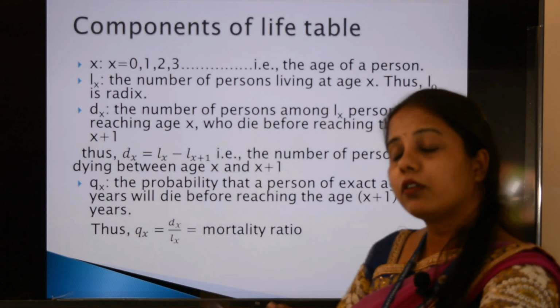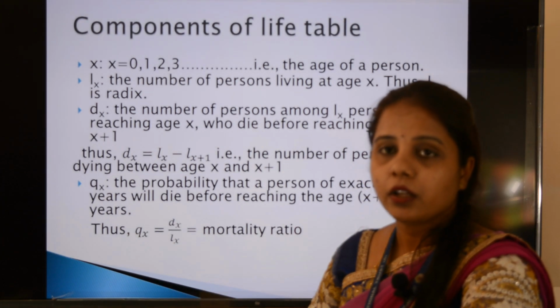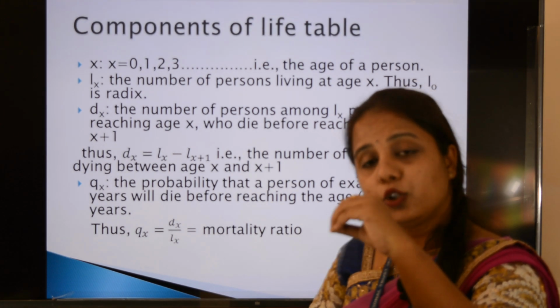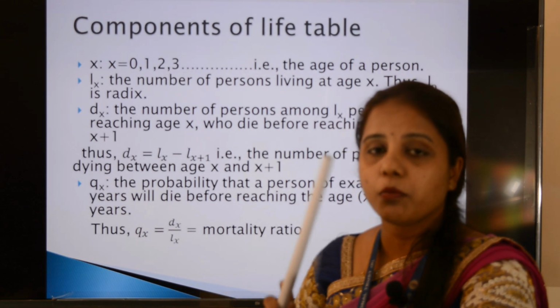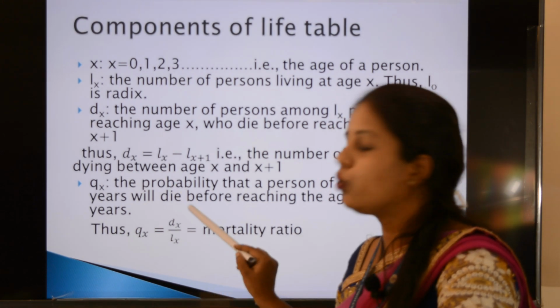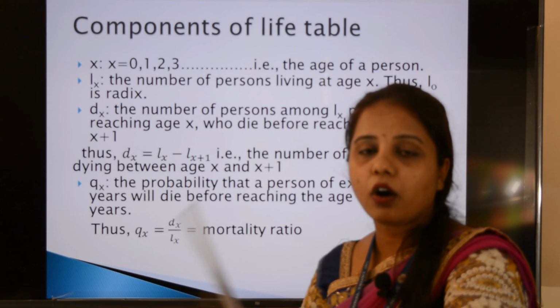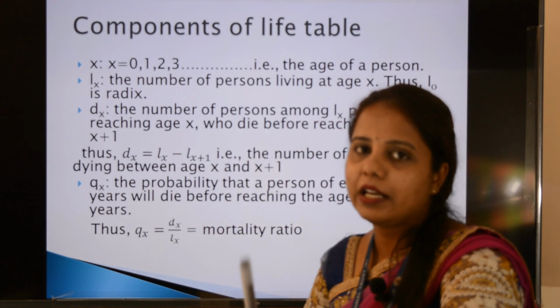If you consider the same example which I gave, L20, there were 9 people at age 20 and 2 died before reaching age 21. Therefore the mortality rate at age 20 will become 2 divided by 9. That means out of 9, 2 people will not reach their next age.